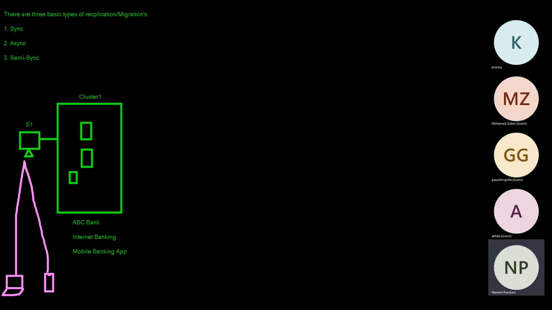In the back end it will connect to the storage as per the requirement, like a database application. It will connect to the storage and pull the data, and based on that it will open the banking website or mobile banking application for the user.